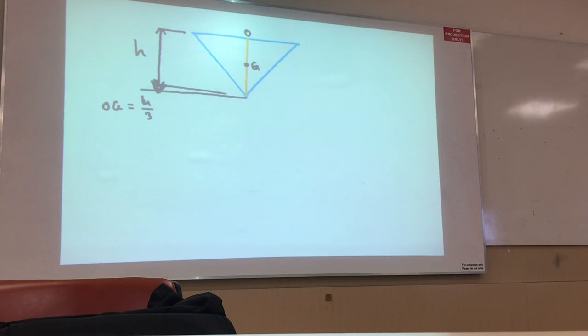Okay, so now I just draw the water surface line. This is the water surface line, right? So the distance from here to here is D, right?